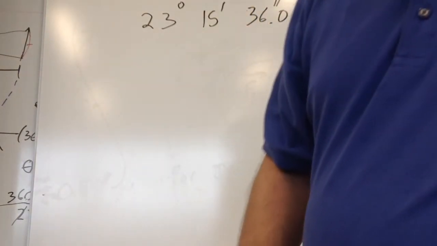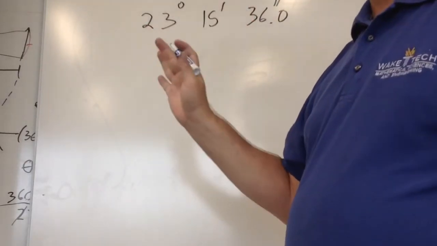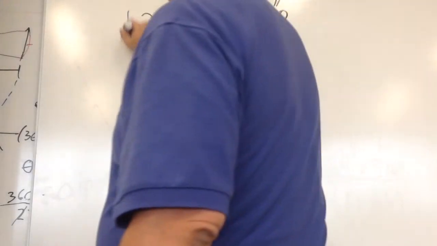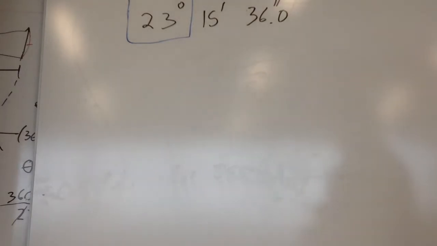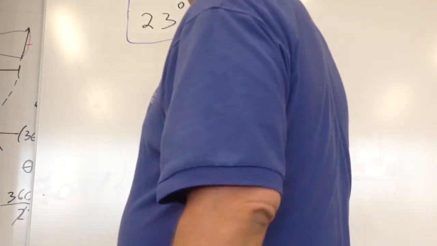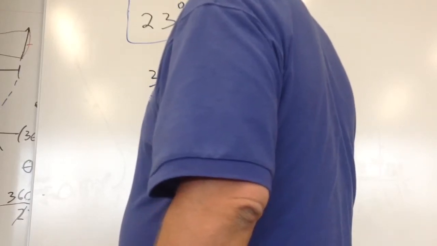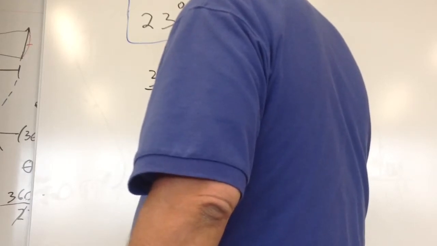I'm sorry, we want to get into decimal degrees. So we keep the 23 because that's already in decimal degrees. It's a whole degree, right? So now we're going to take 36 arc seconds and convert it to arc minutes.